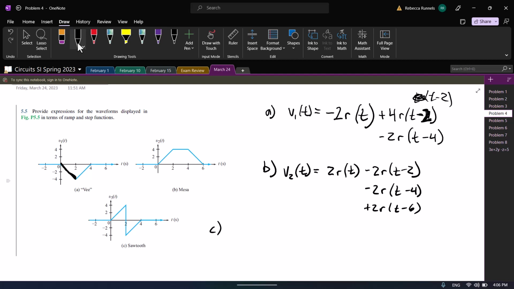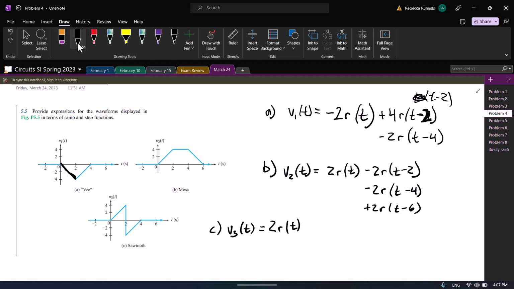Okay, and then our last one. Nothing happens till we get to 0. And when we get to 0, we have a slope of 2, so that's 2r of t. And then look at what happens at 2. We don't change our slope at all. We just drop down 8. So it'd be what?